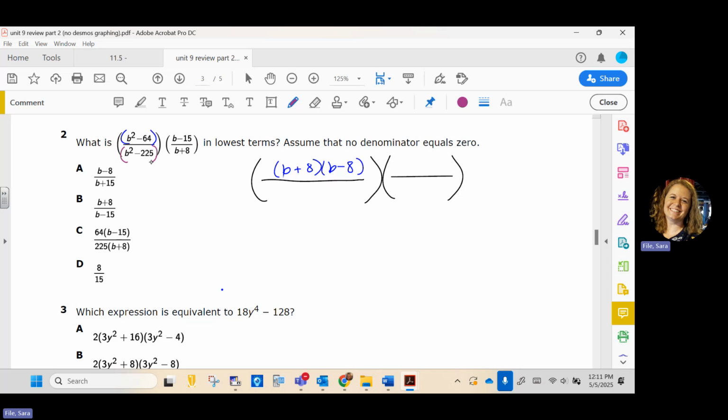You're also going to have a basic scientific calculator. So if you need to take the square root of 225, I think the list only went up to 12, and that's 15 squared. You'll be able to do that in your calculator that is not graphing. So the square root of 225 is 15. So this will be b plus 15 and b minus 15.